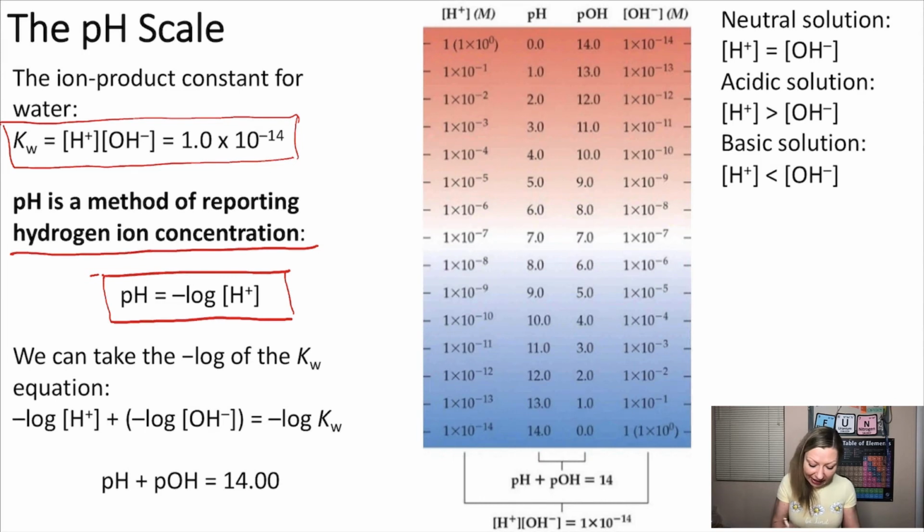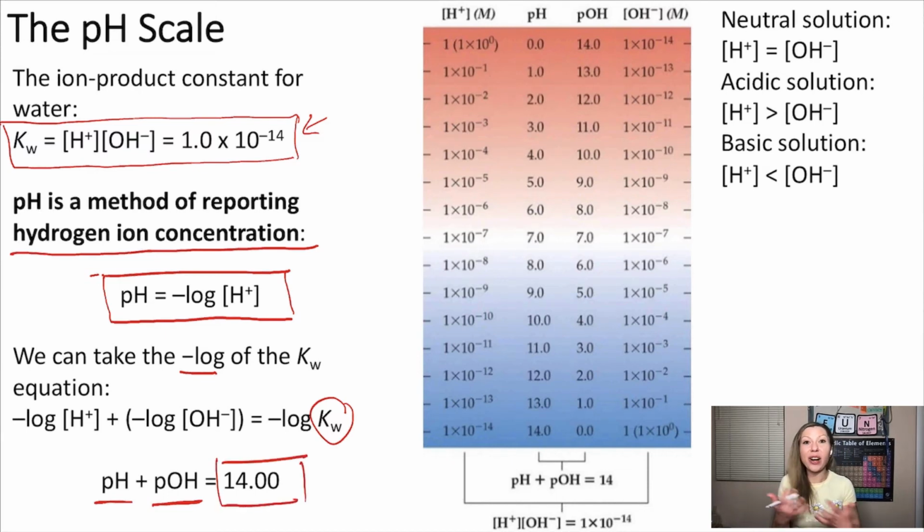And we can take the negative log of this whole expression up here, from where we are going to get that if we add pH to pOH, because Kw is a constant, that will always equal 14.